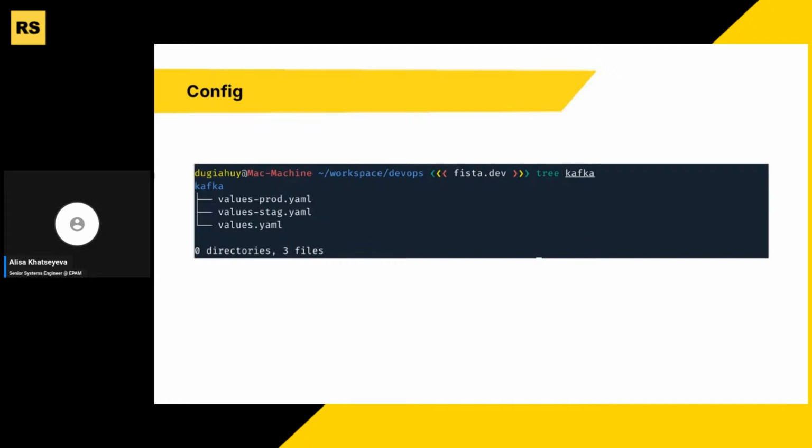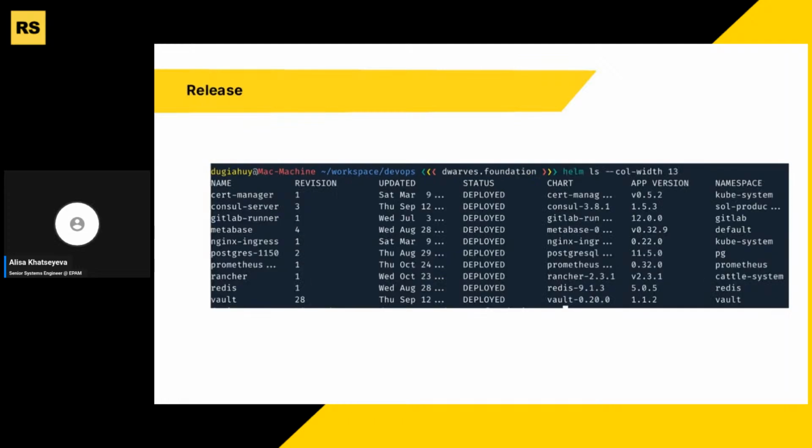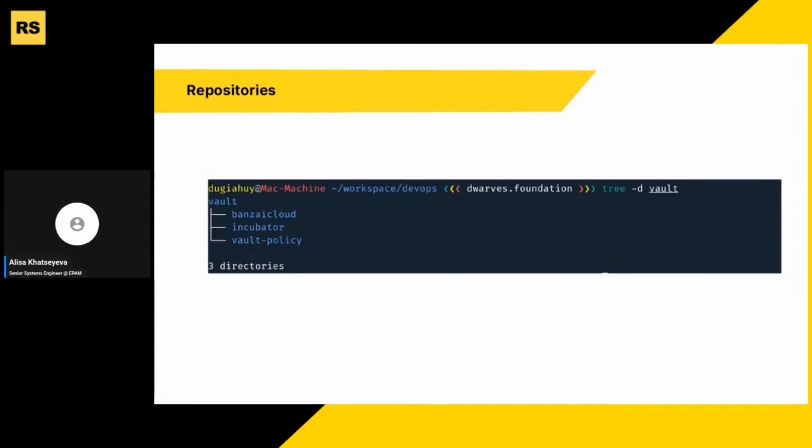Or specific applications such as Kafka, Consul, Vault, and others. Next one is release. A release is a chart instance loaded into Kubernetes. It can be viewed as a version of the Kubernetes application running based on the chart and associated with a specific config. And the last concept is repositories, which are repositories of published charts.